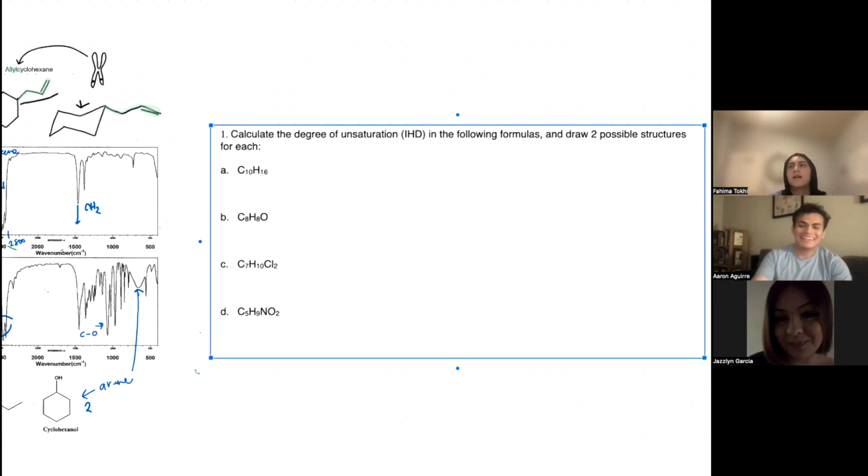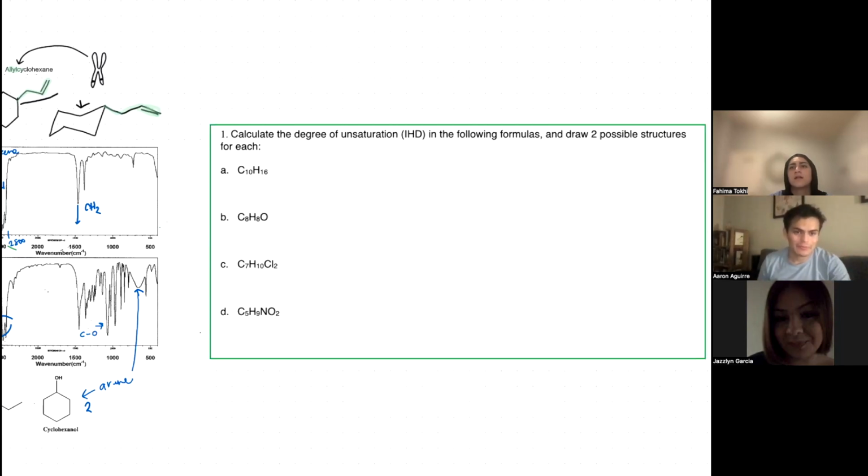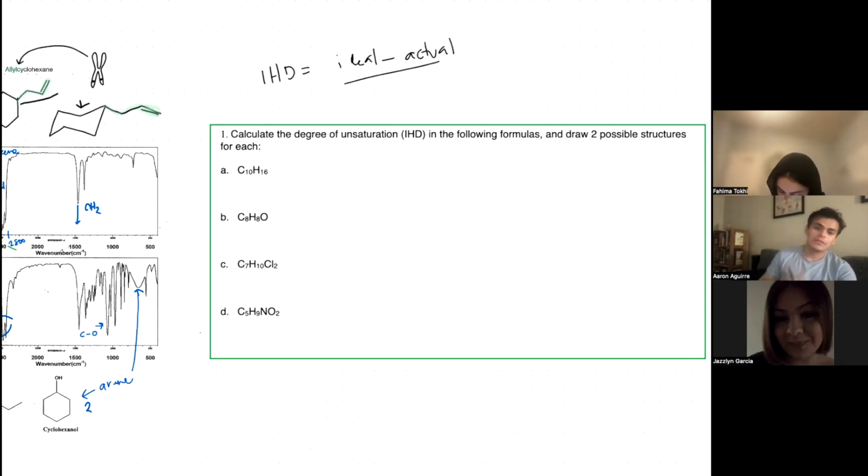Okay, it's more degree of unsaturation. IHD equals, oh, there's more hydrogen than this. Could we just choose two to do? Yeah, for sure, let's just use two. I think what's cool is drawing the structures. The calculation is really fast, it's not too bad.